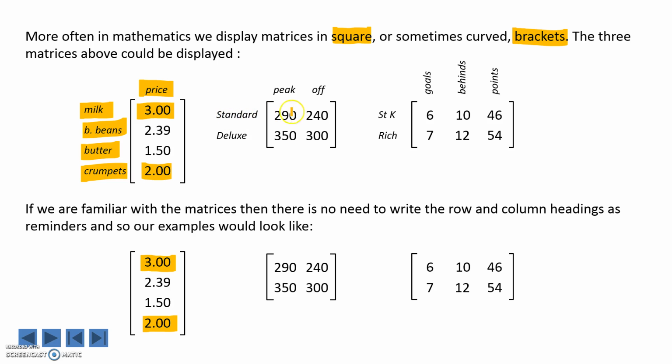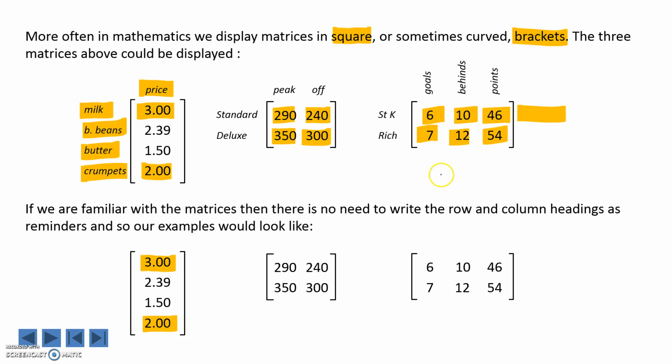So here we have our standard prices, peak and off-peak, and our deluxe rooms. And here we have our goals, behinds, and points. So you can see 1 row, and then 2, second row, and then we've got 1, 2, 3 columns.